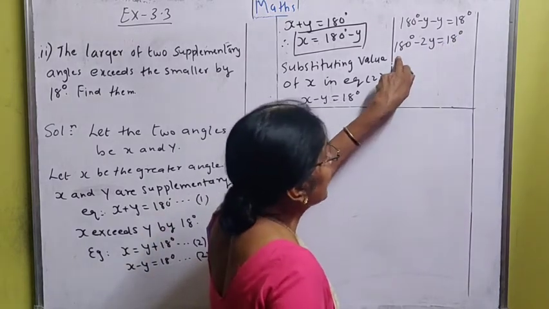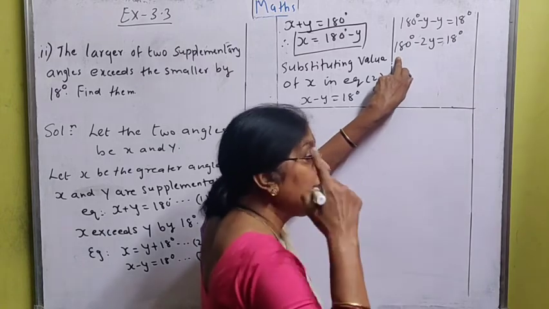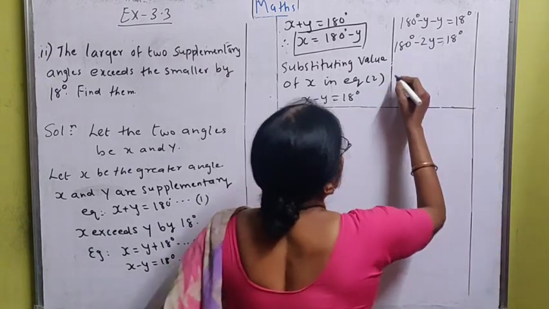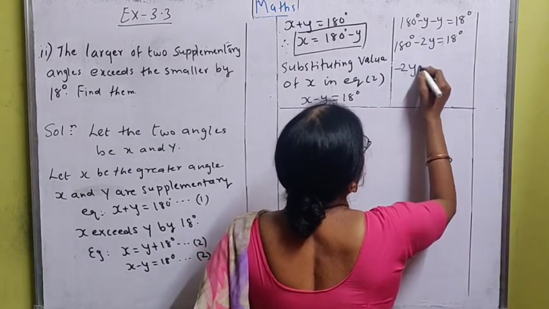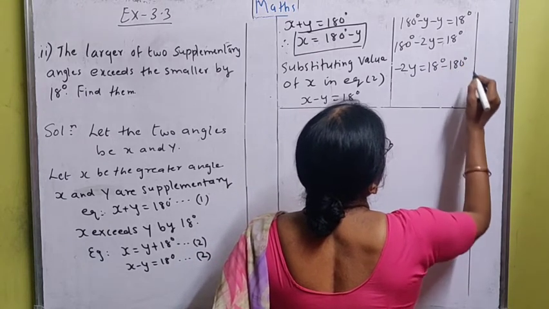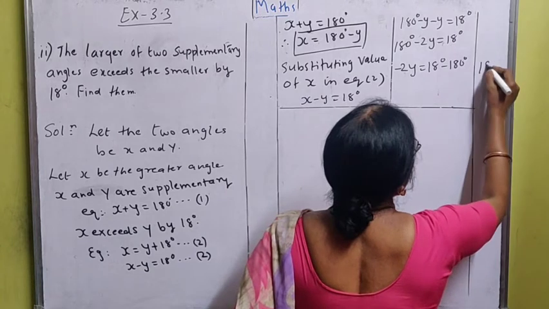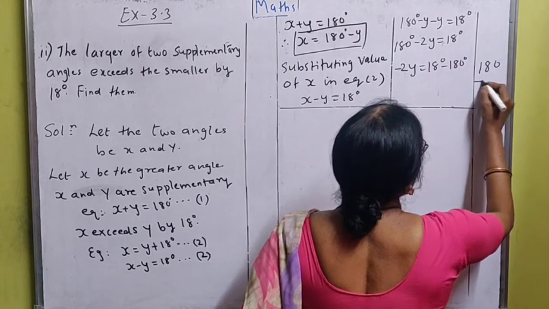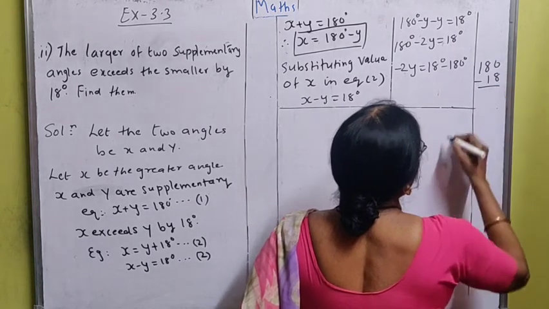180 is a constant number, I will take it to the other side. So minus 2y is equal to 18 degrees minus 180 degrees. Let us do the subtraction, 180 minus 18.